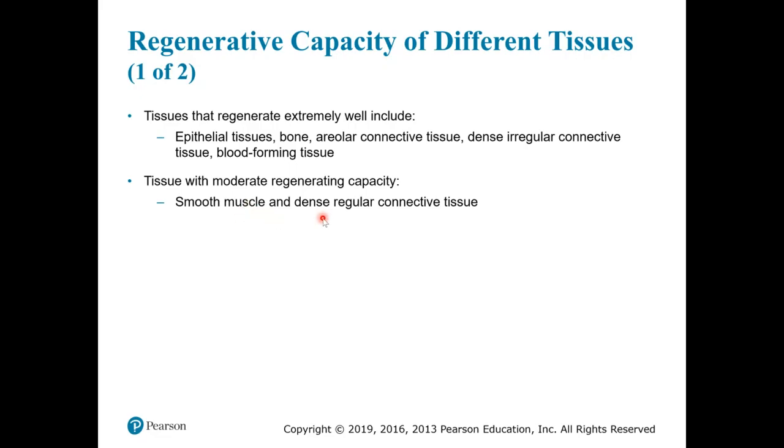The dense regular connective tissue, that's the ligaments and tendons, if they're strained, stretched, or partially torn, may heal. If it's grade 3 and it's completely ruptured, then that's going to require surgical intervention to fix. The torn ends are not going to grow back together.